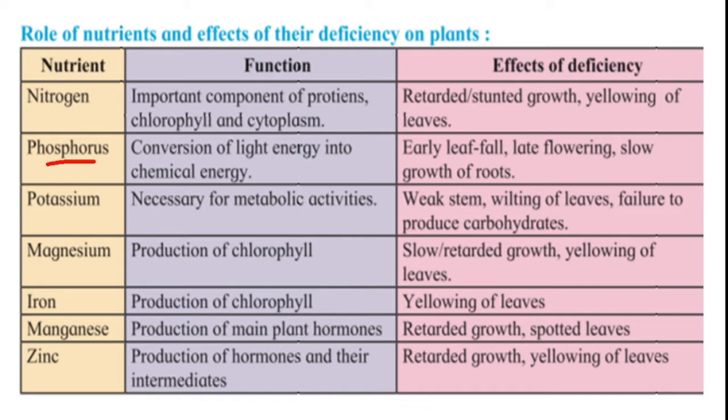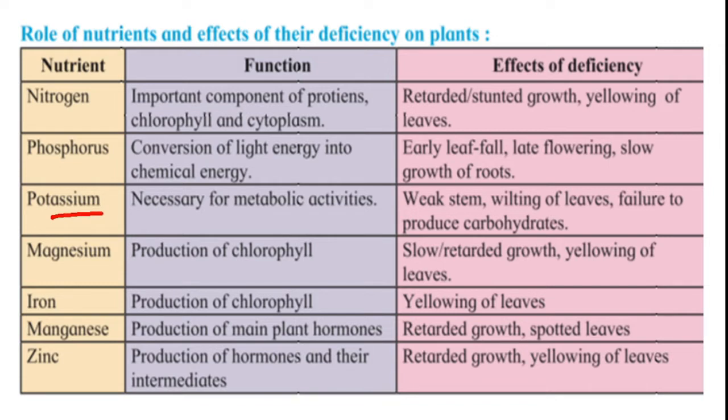It helps in the conversion of light energy into chemical energy. Deficiency of phosphorus causes early leaf fall, late flowering, slow growth of roots.